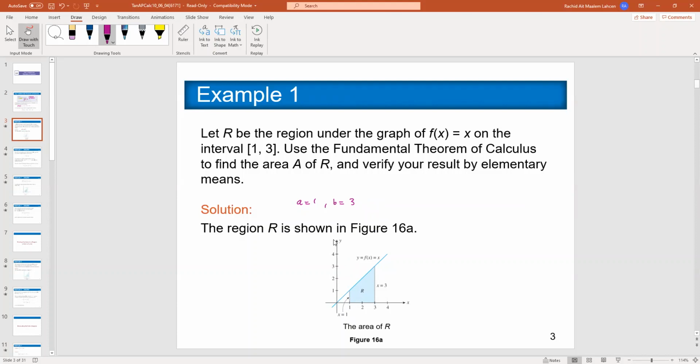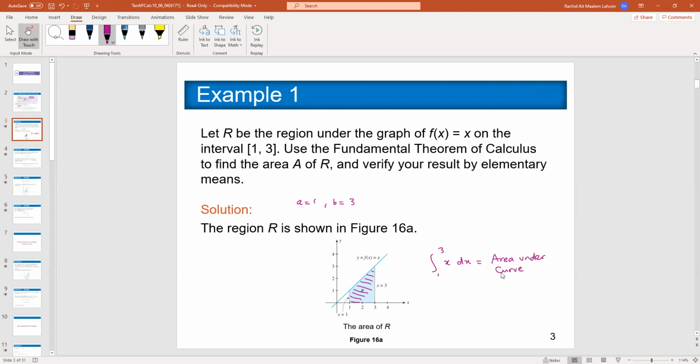But what does this integral mean? It means the area under the curve. So when you calculate the integral from 1 to 3 of f of x, which is x dx, you're finding the area under the curve.